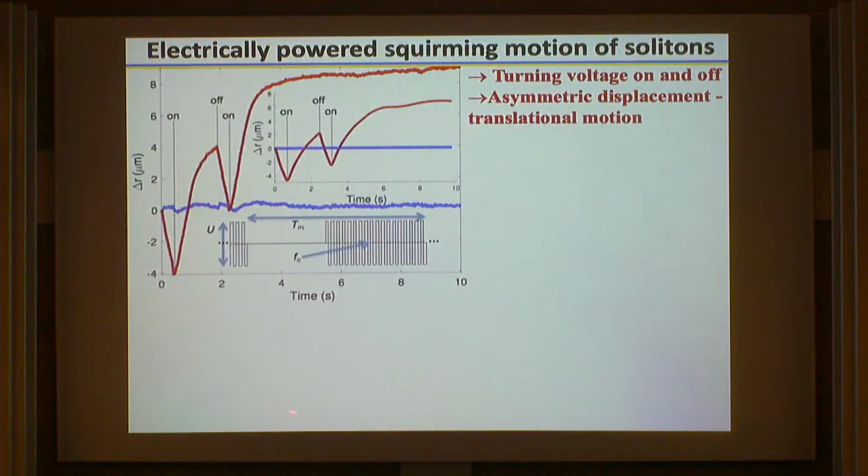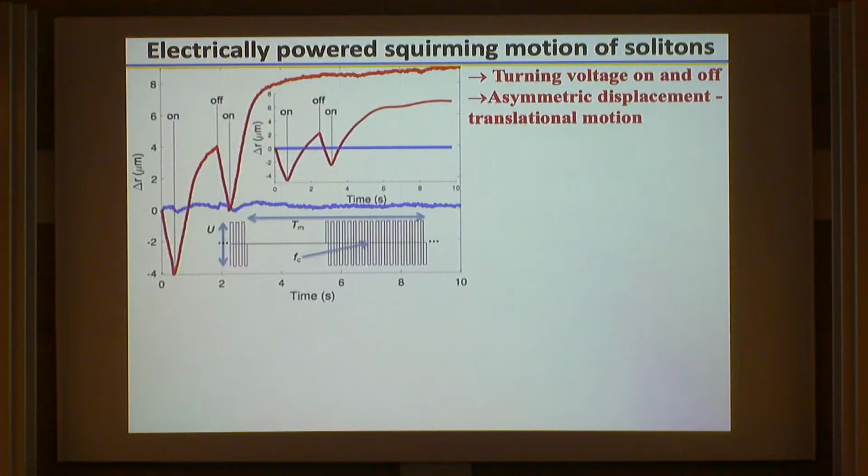Now, if you, however, apply the field and turn it off, something even more interesting happens, right? So here we have both experiments and computer simulations, where in the modeling we have only rotational dynamics taken into account.